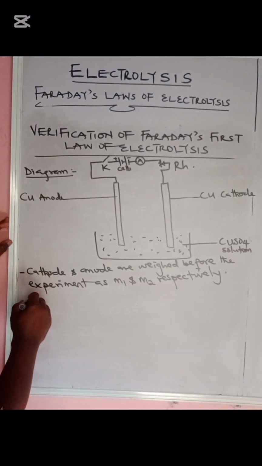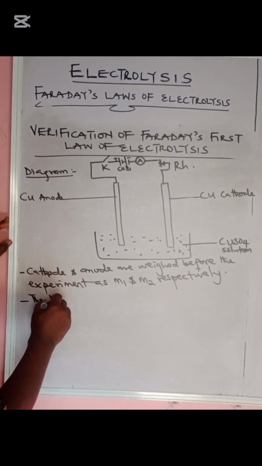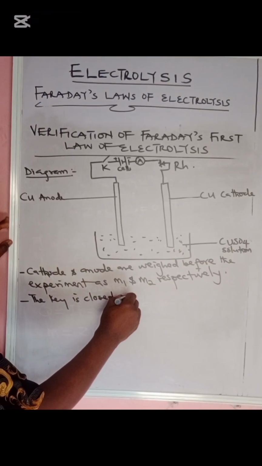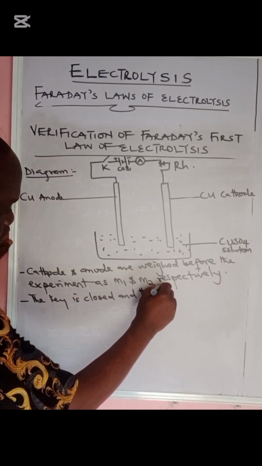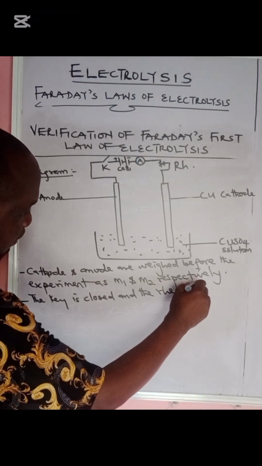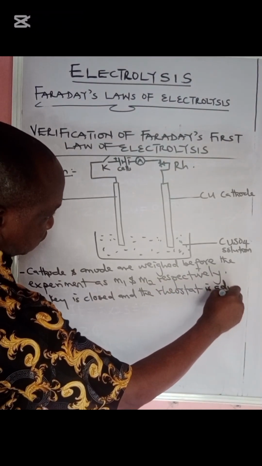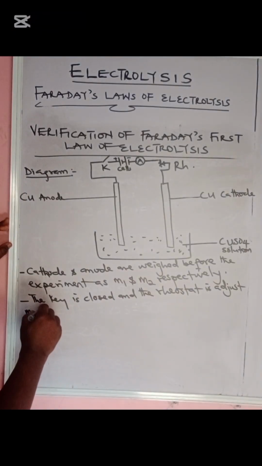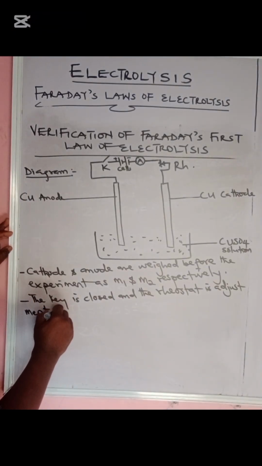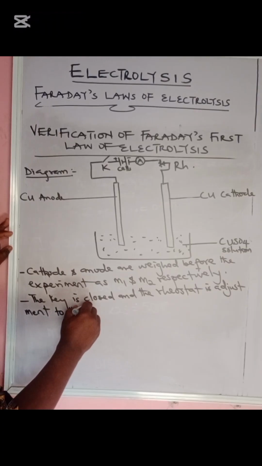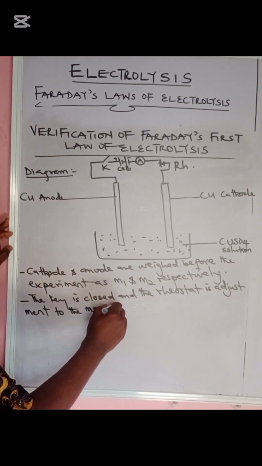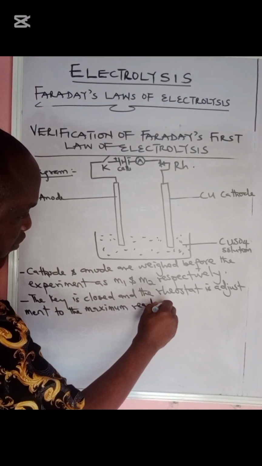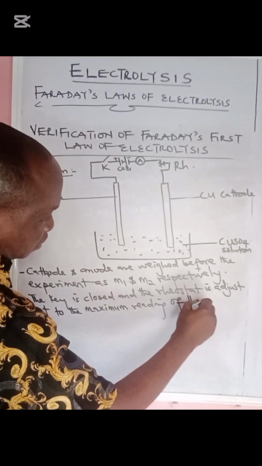The key is closed and the rheostat is adjusted to the maximum reading of the ammeter, so that the maximum current will flow through the circuit.